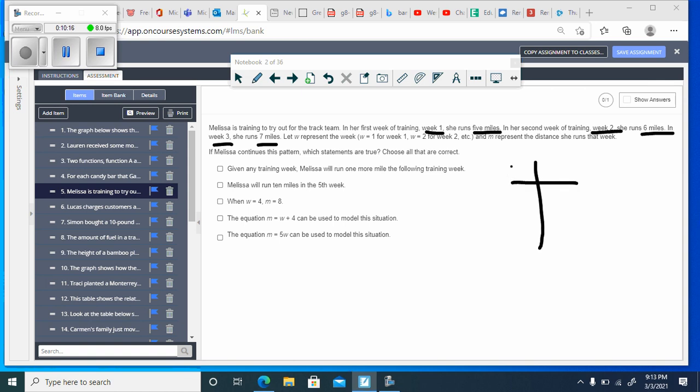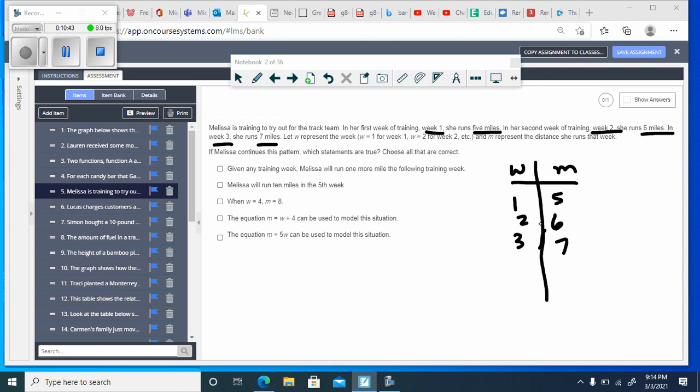We've got our weeks and we've got our distance, the number of miles she runs. Week 1, she went 5 miles. Week 2, she's 6. Week 3, she's 7. So she's going up 1 mile each time, right? Given any training week, Melissa will run 1 more mile the following week.